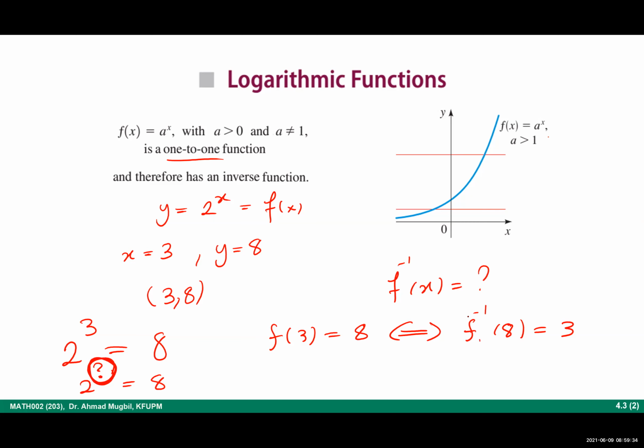This inverse, because it is so important and heavily used in mathematics, they give it a name, and it comes from Greek, by the way. It means logarithmic. Arithmetic means calculation, and logos means ratio in Greek. Then in the Latin language, they used logarithmic.